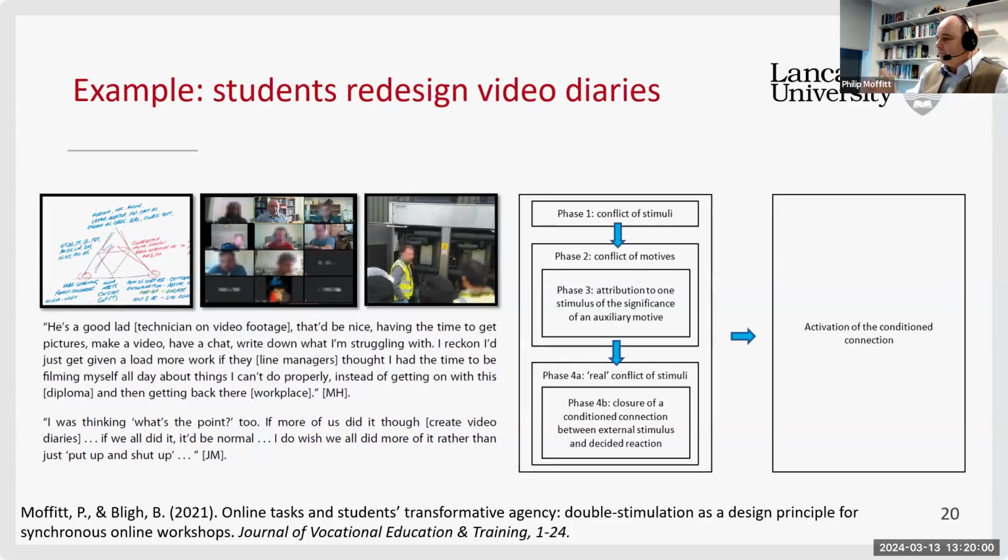So in phase 4A, the real conflicting stimuli kick in because now they're back at work. They're away from the course mates who they meet online once a week for a Change Lab workshop. Now they're alone and they're relying on that psychological contract, trusting that they'd keep their social pledge. And closing the connections in phase 4B, it was described in the workshops as the point of no return.